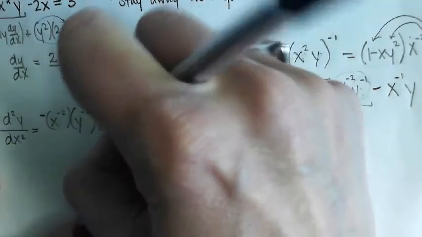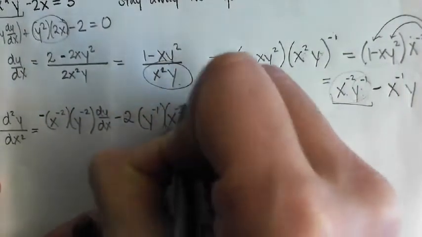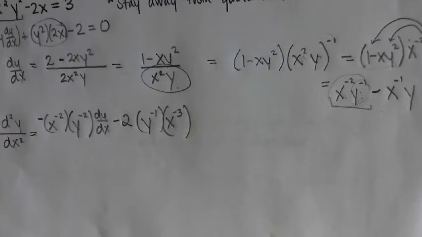I'm going to put my negative 2 out in front. I'll stop there so we can process that product rule on just the first piece of the polynomial.